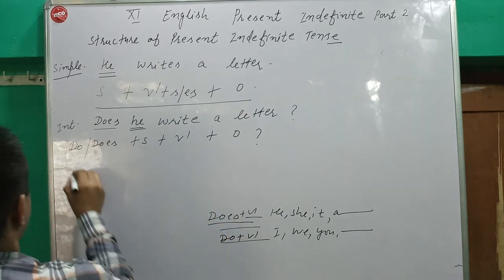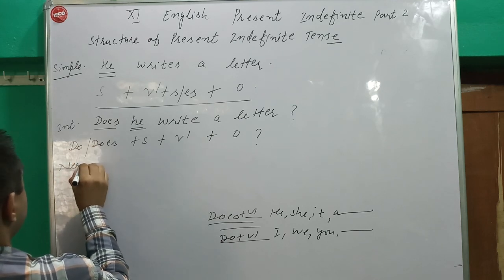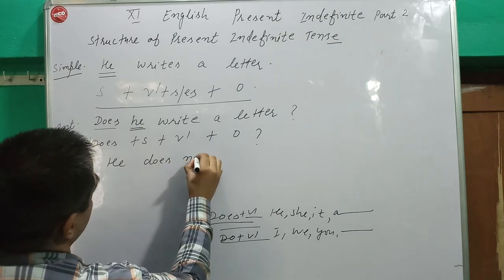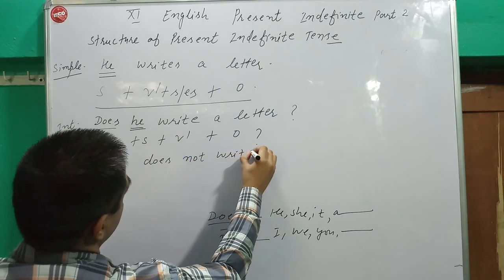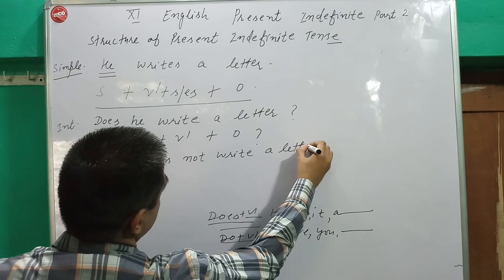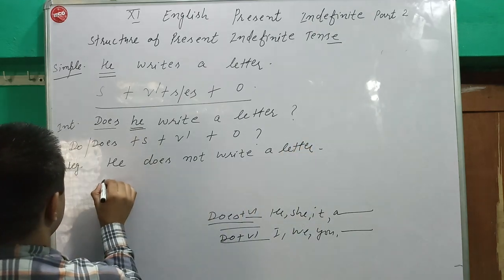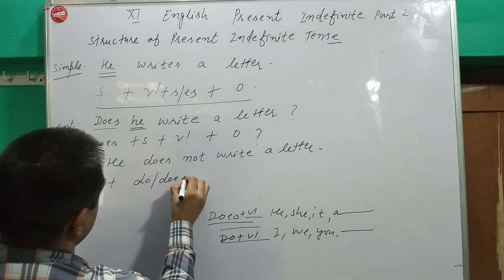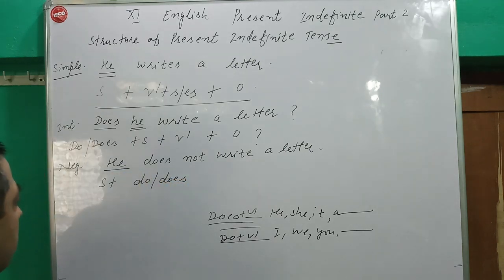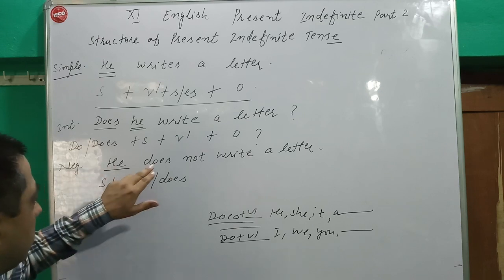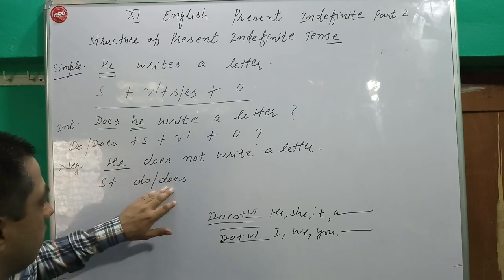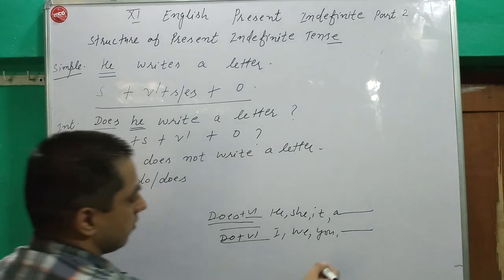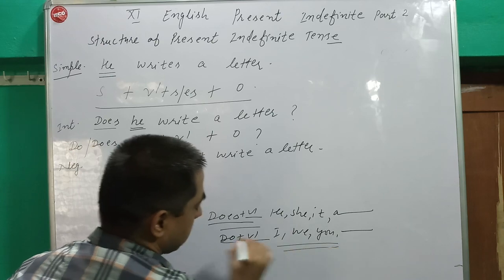Okay, after it, negative. He does not write a letter. Structure: subject plus do or does. If we write I in place of he, then you should apply do, you should not apply does. Always try to remember one thing: what is the subject.